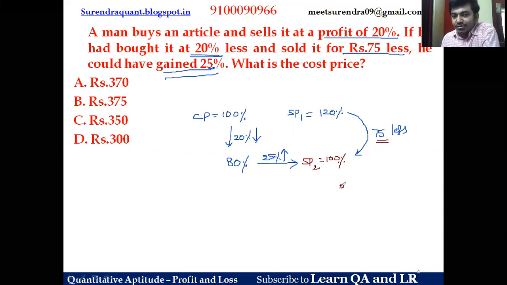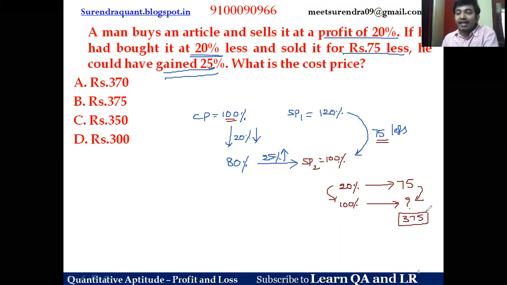So if 20% is 75 rupees, what is 100%? This should be 5 times. 75 times 5 is 375 rupees, the actual cost price, and that is option B.